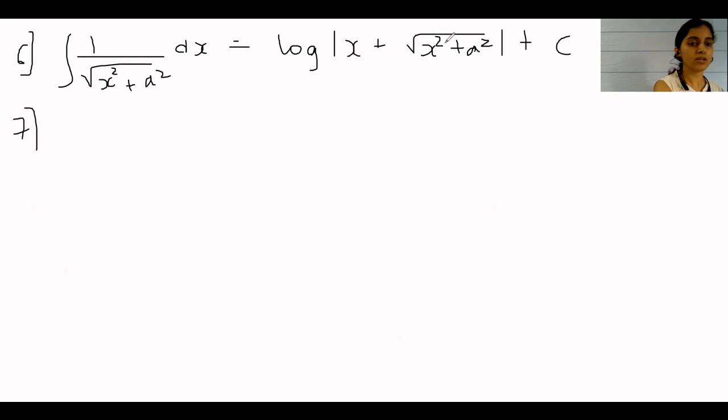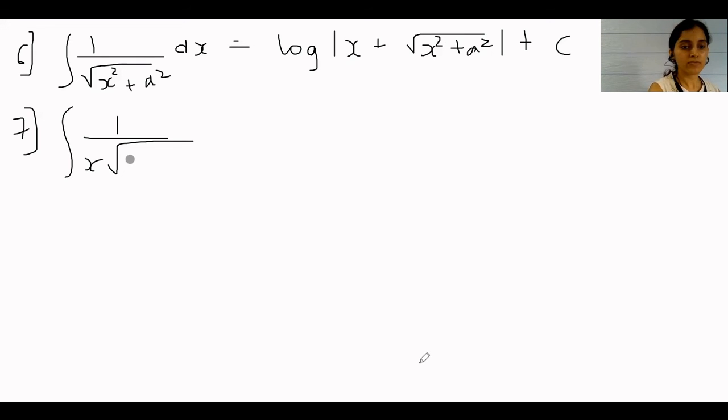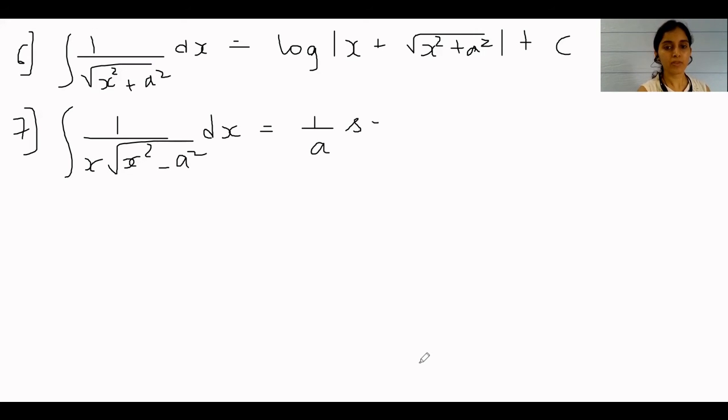Okay, and the seventh one, integration of 1 upon x root of x square minus a square dx is equal to 1 upon a sec inverse x upon a plus c.